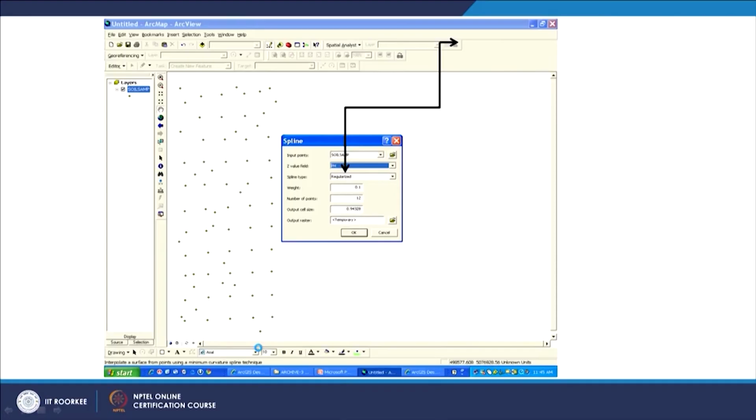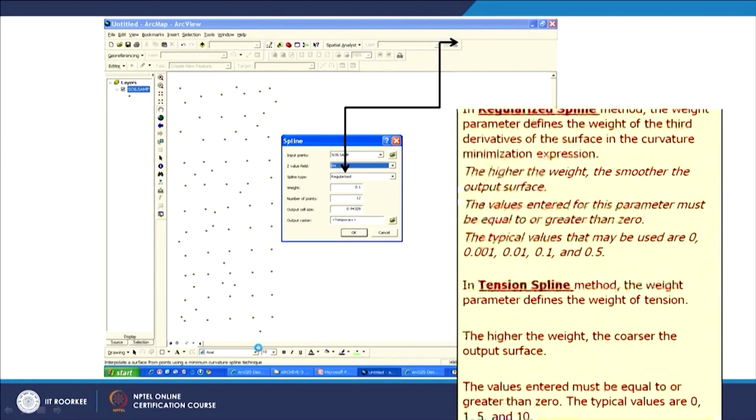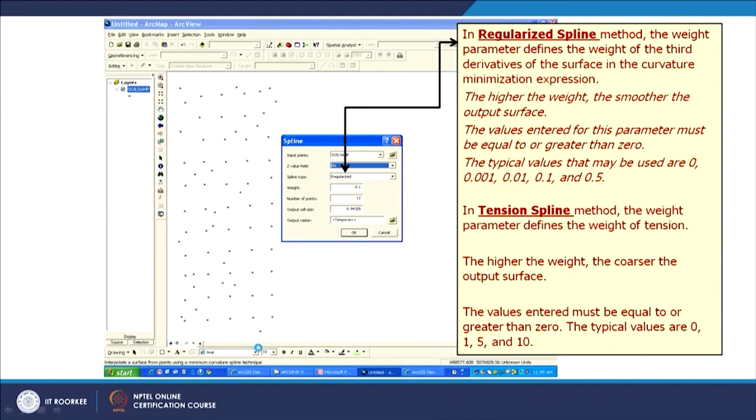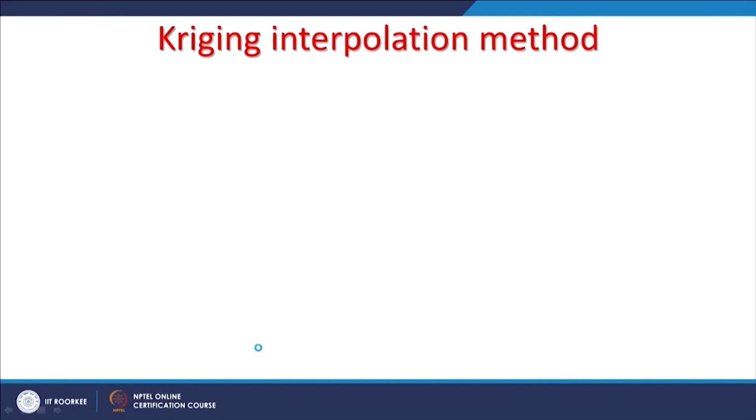Now, there is also the regularized and tension method, and tension we have just discussed. So, we will go for the next interpolation technique, which is called kriging. It is very popular, and when we did not have proper GIS software, we used to resort to software called Surfer, which is very powerful and very good for kriging interpolation.